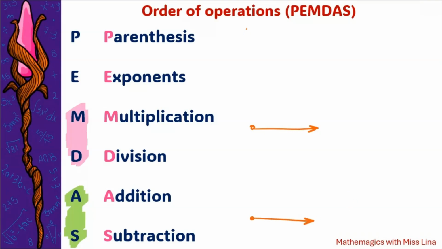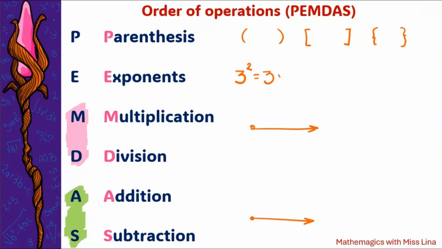The parentheses, remember, could have this shape, or sometimes you might find these shapes. They mean the same. Exponents, you might have seen when you were working with square numbers. For example, 3 squared is what we call an exponent, and it just means that you multiply the 3 twice.